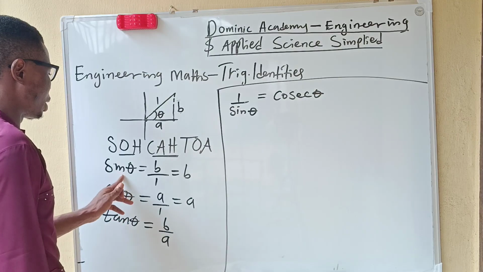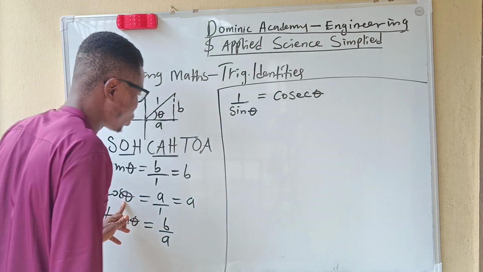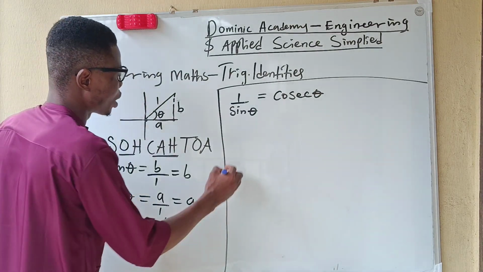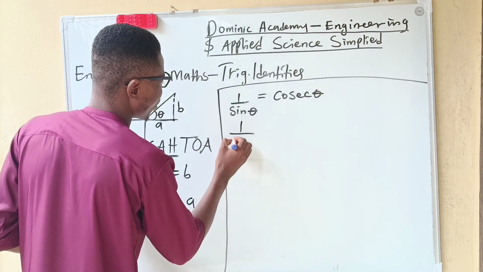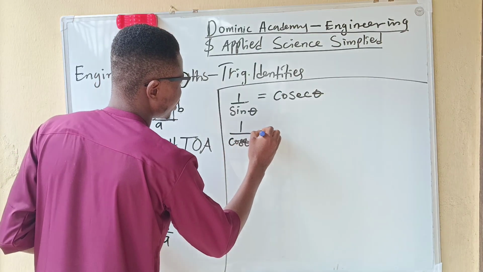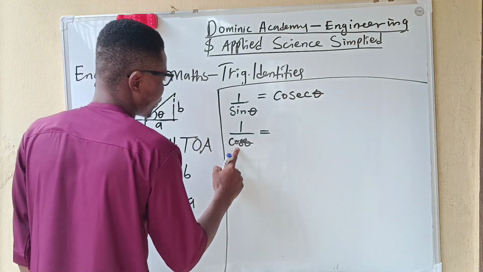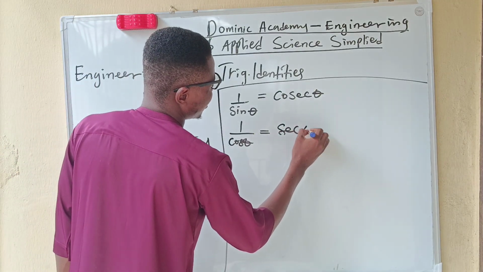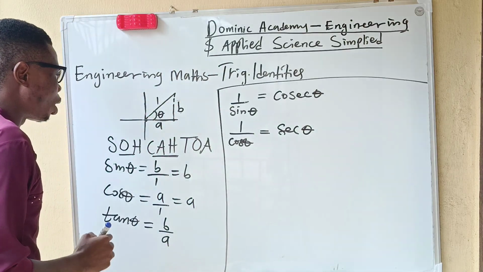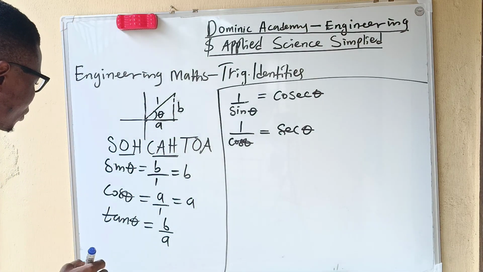That is the inverse of sine theta. Then the inverse of cos theta is going to give us sec, that is secant theta. Sec theta. All right, we are done with that.